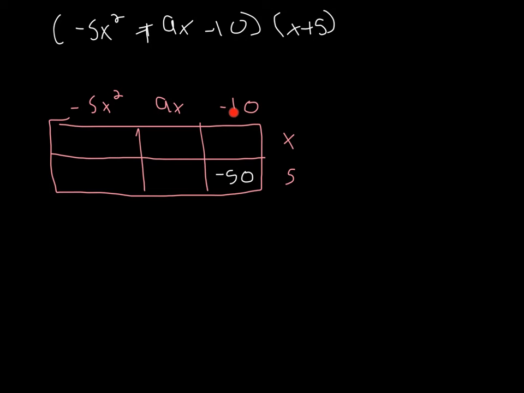And in this box, negative 10 times x to get negative 10x. We're going to continue. This box is 9x times 5, so 45x. 9x times x, 9x squared. Here we've got negative 5x squared and 5.